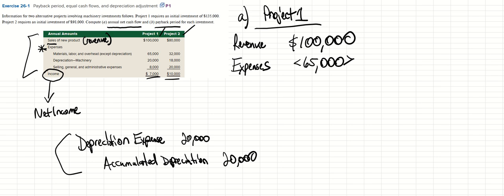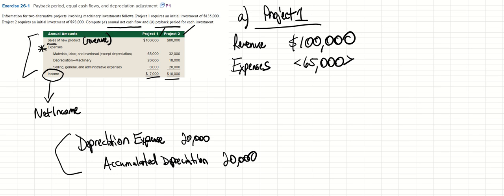It does affect the calculation of net income because it is an expense account. But we're trying to get to the net cash flow, which means we have to make an adjustment by removing the depreciation expense. So we're not going to include it.